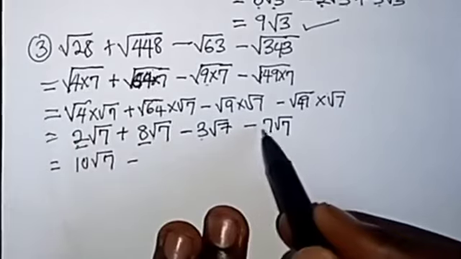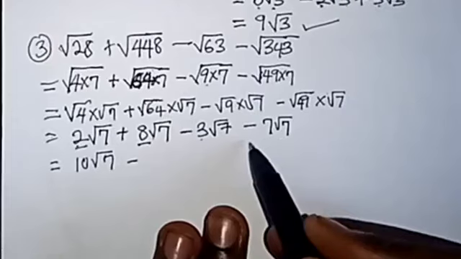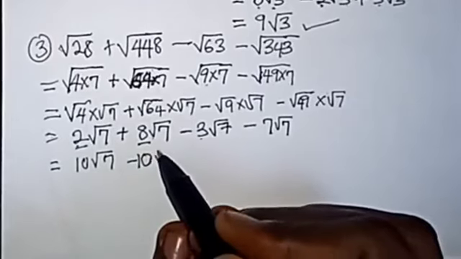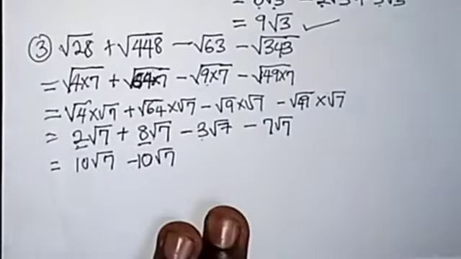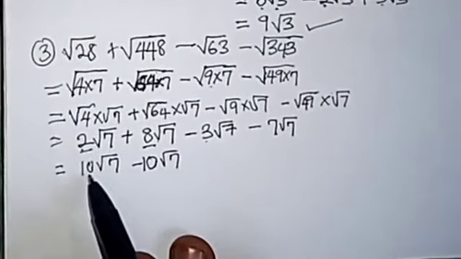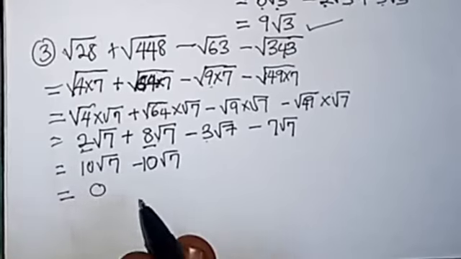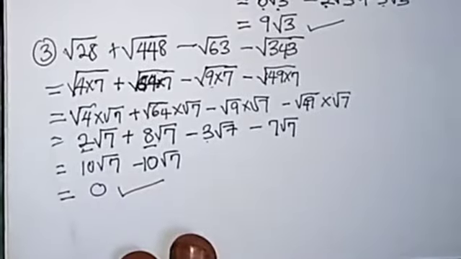Then I have minus 3 minus 7. So I'm going to have 10 root 7. Then if I subtract this, 10 root 7 minus 10 root 7, the answer will be what? 0. So this will be our answer.